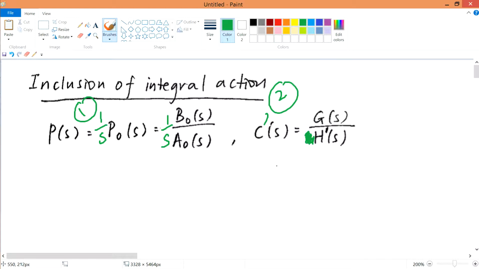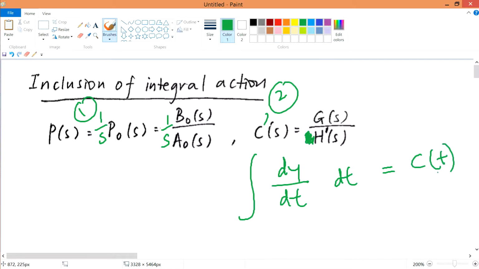For an intuitive example, I'm not going to derive it because it's not very clear in the derivation. Say you take this as dy/dt, and the 1 over s is the integration, because it's an integrating term if you still remember. This equals, maybe we call this y(t). If you remove your 1 over s, you remove the integration, so you don't integrate anymore.